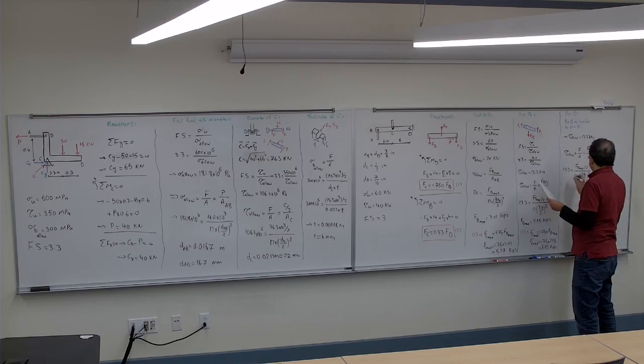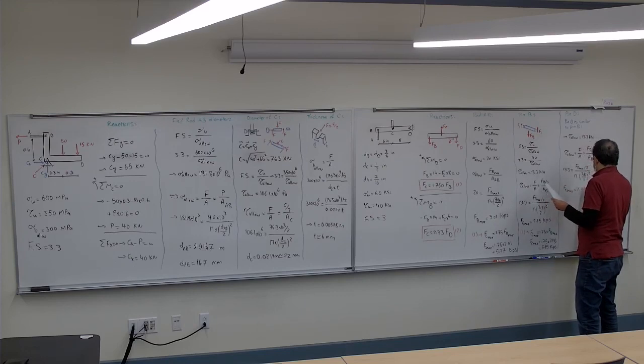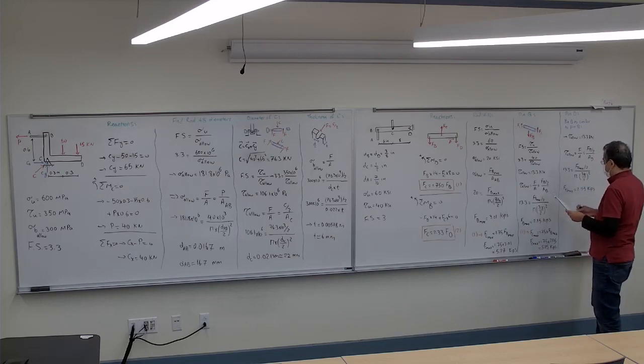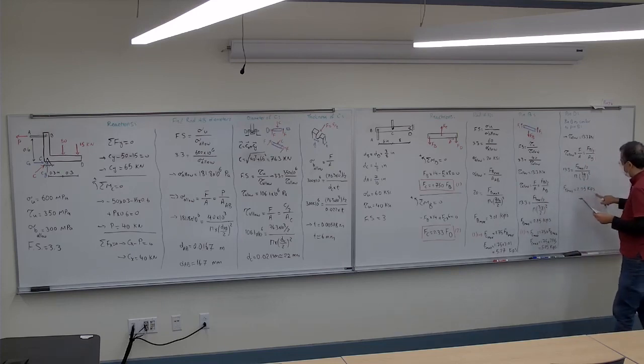So FD max would be the same as here, 2.95 kips. Up to here it is the same.